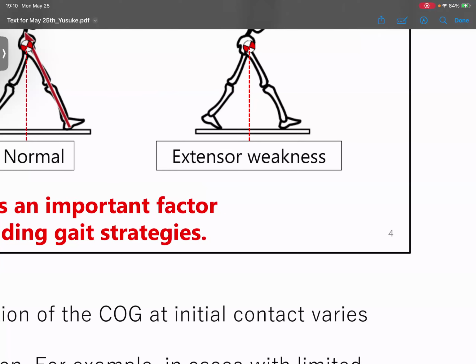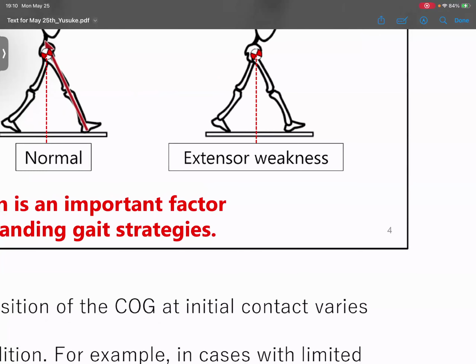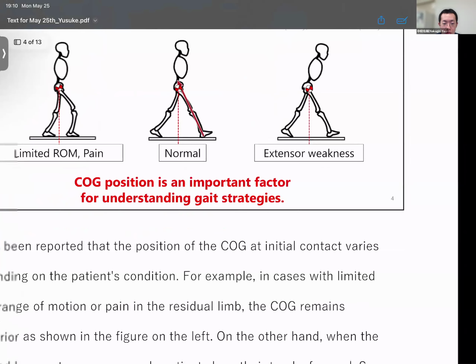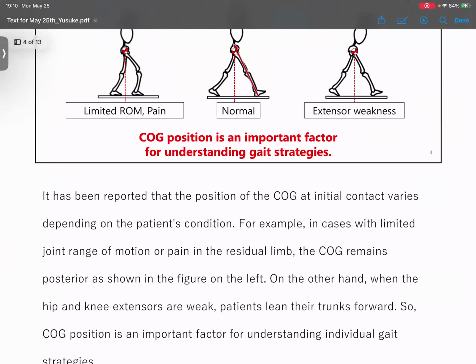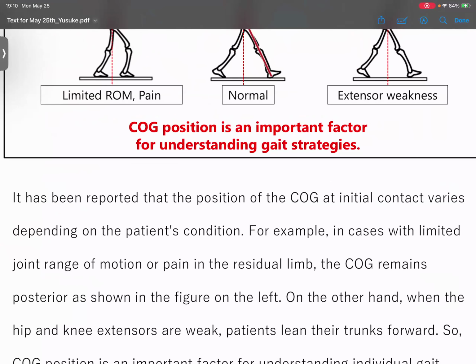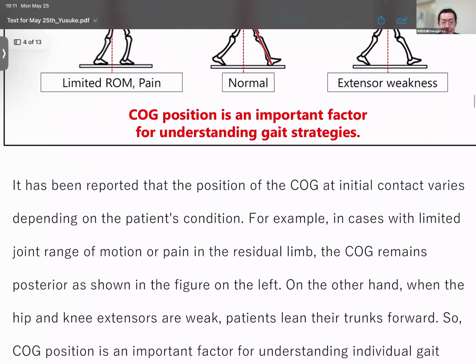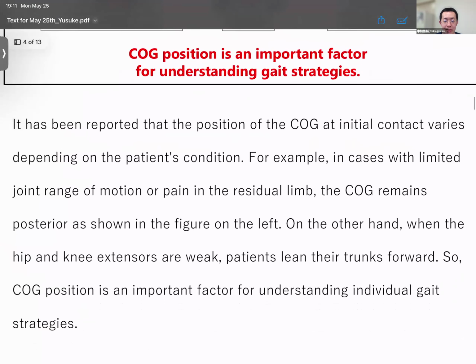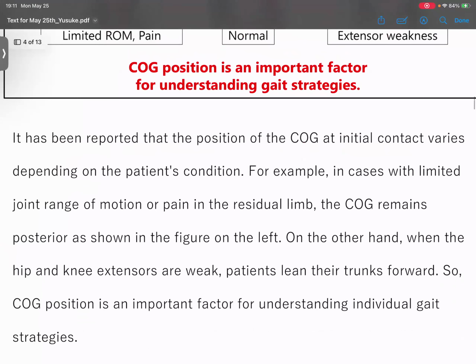Sometimes it varies depending on the patient's condition. Condition. There you go.